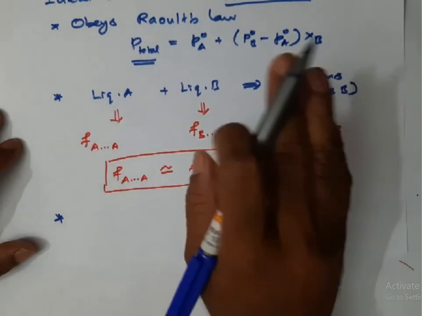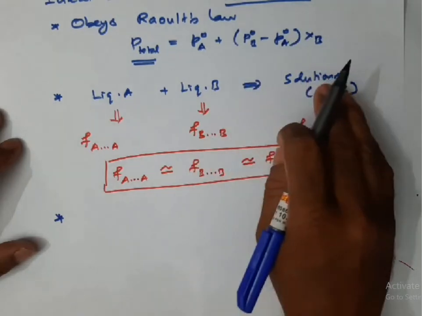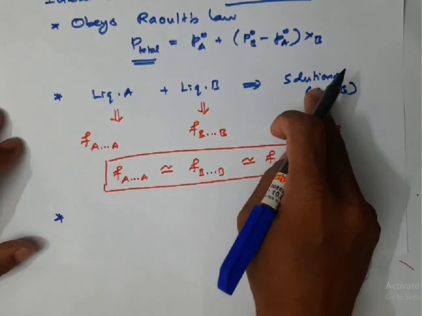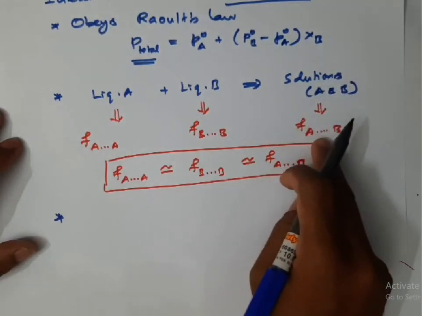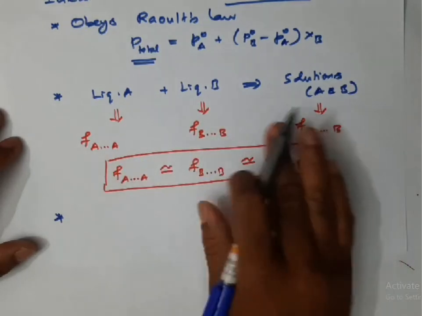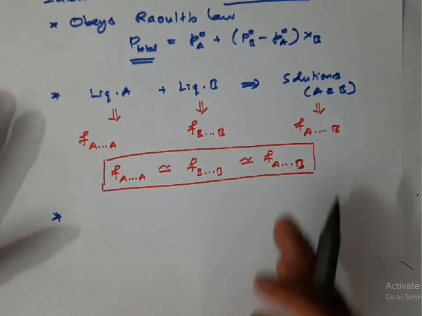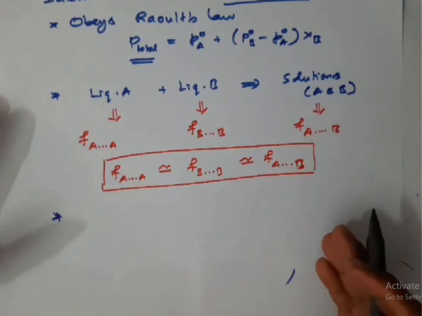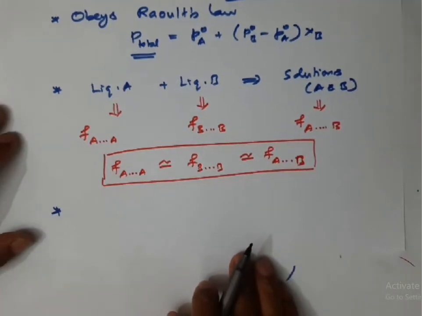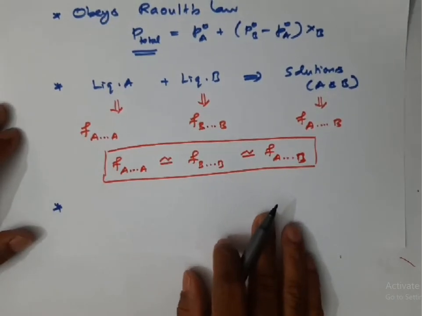Force of attraction does not increase. Force of attraction does not decrease. I am mixing the two, forming a solution. Force of attraction of A and B are roughly equal to these two. They are all equal, so there is no increase or decrease in force of attraction. So from this, we can say the following.